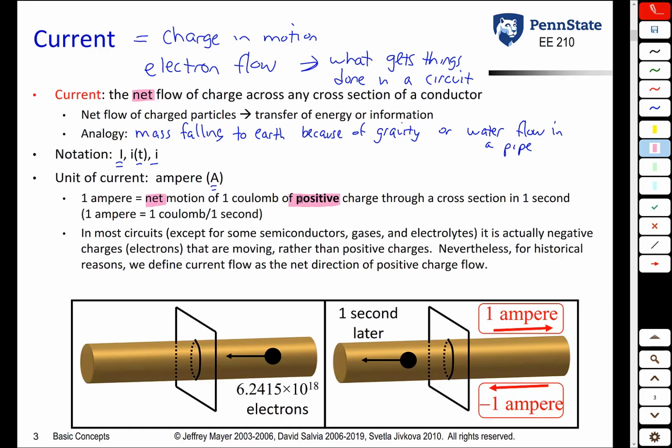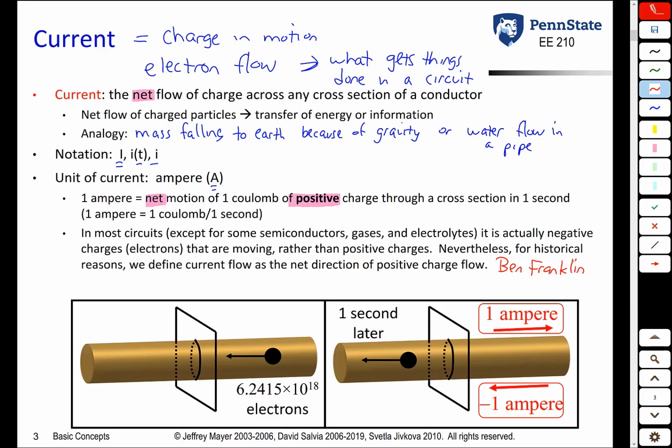However, in the early days of understanding electricity, the powers that be decided that current flow was going to be defined by the net motion of positive charge, even though it's actually negative charges that are moving. So, for this confusion, you can thank Ben Franklin.